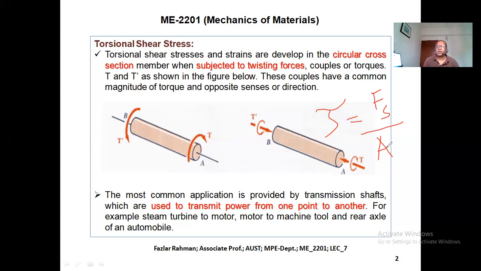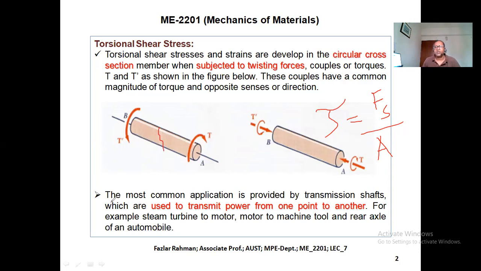So when a body becomes two parts, it is because shear stress is working. If you take a chalk and twist it a little bit, you will see it break down like this, right over here, into two parts. So why does it break down?